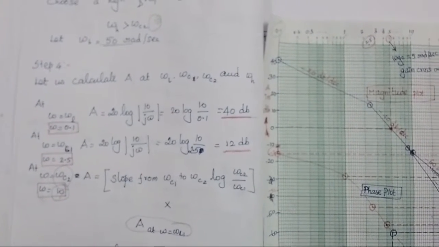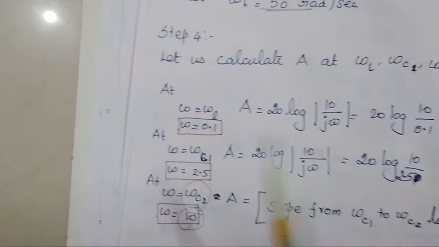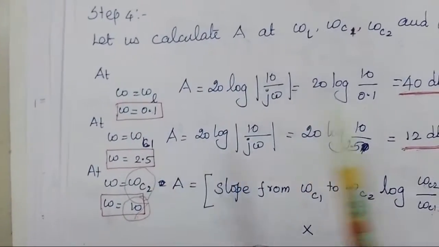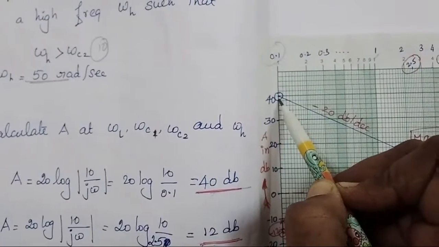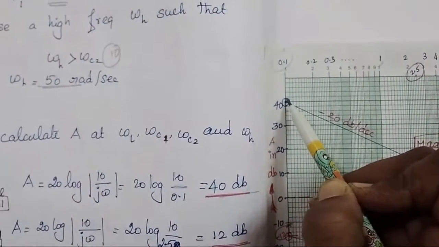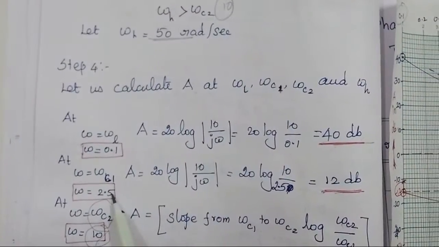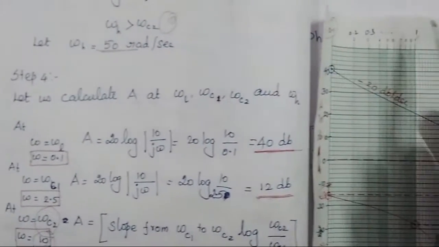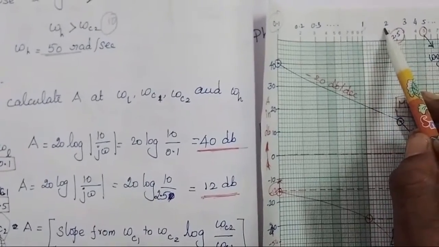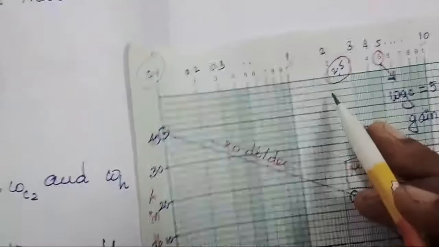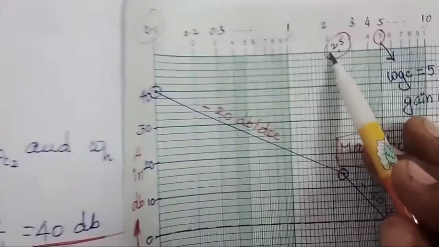Now we'll see how to plot the values. See what we require here: for 0.1 omega, 40 dB. So coming back here, for 0.1 omega, 40 dB plus value, mark it here and circle it. Then 2.5, 12. So here 1, here 2, here 2.5.